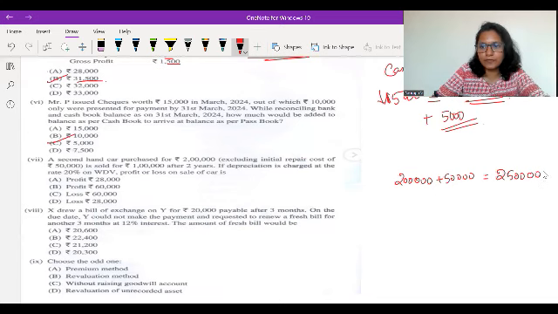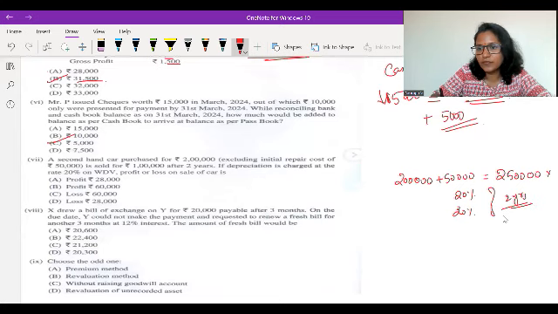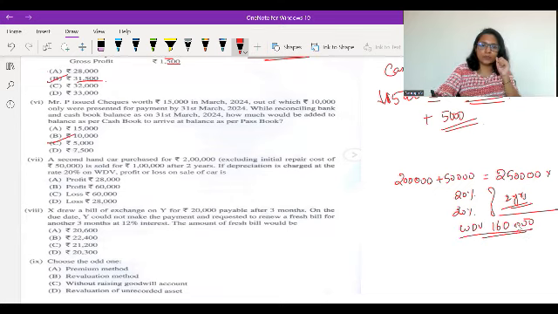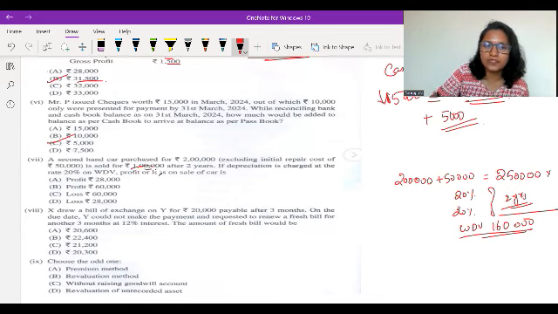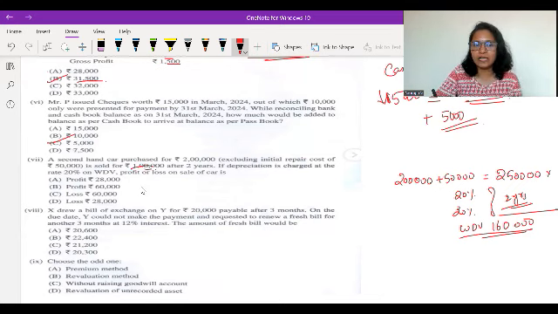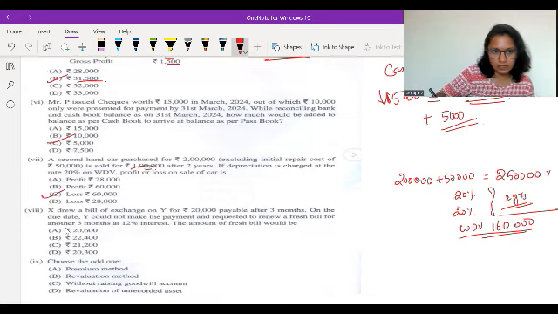For 2,50,000, we need to calculate depreciation at 20 percent for 2 years. If I calculate, I'll get somewhere like 1,60,000 as my written down value at the end of year 2. And what is the amount for which I have sold? I have sold it for 1 lakh. So what is the difference? There is a loss of 60,000.